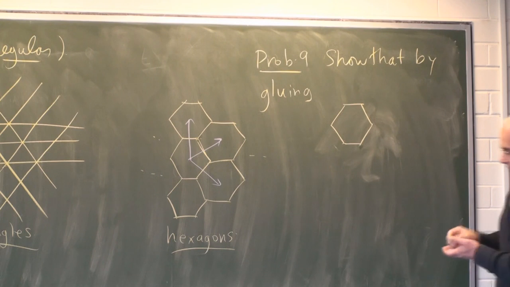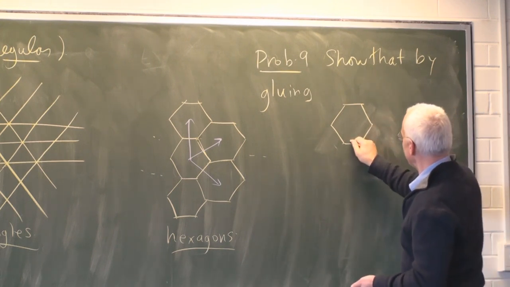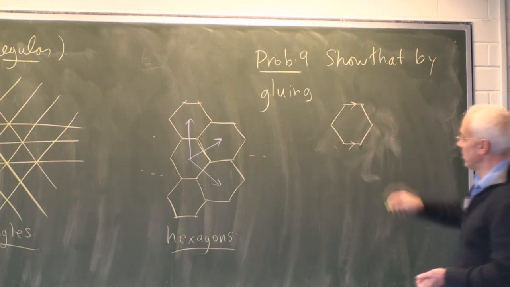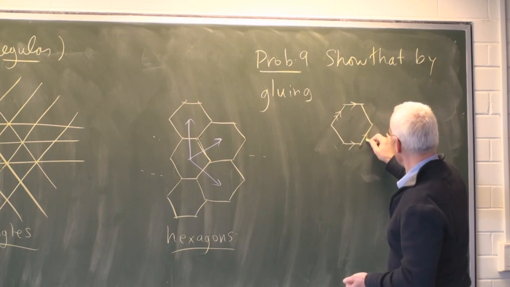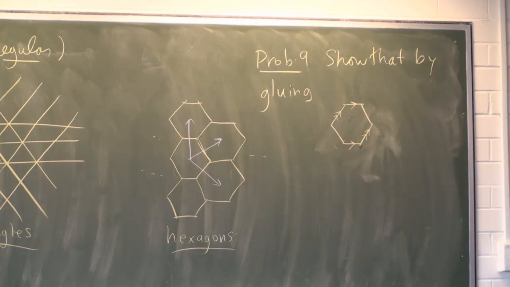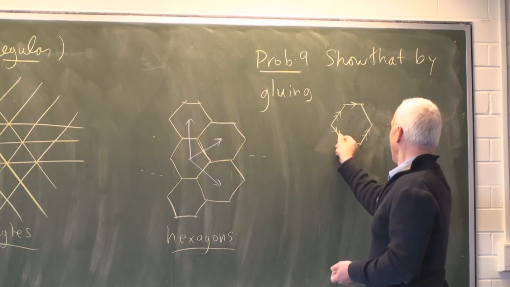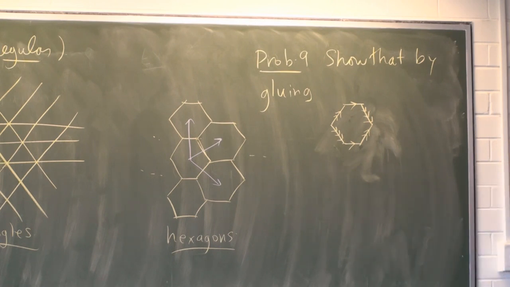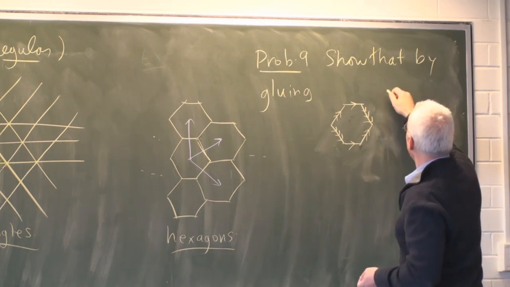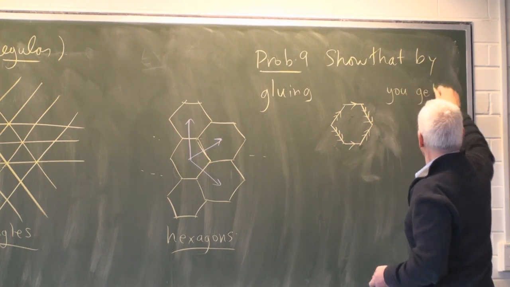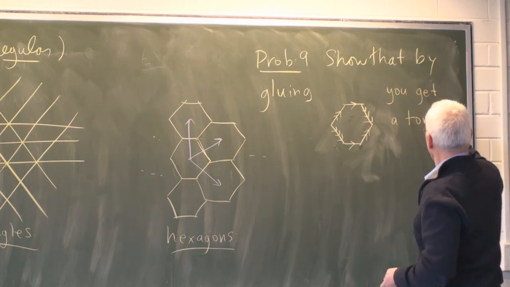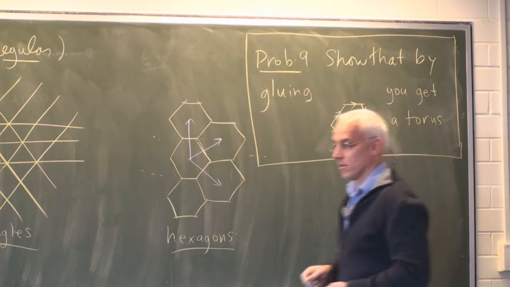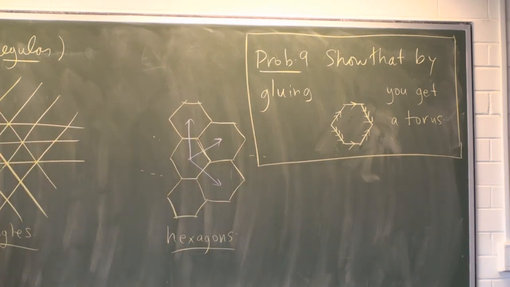Gluing this hexagon in the following way, we could glue that side to that side, and say that side to its opposite side, and this side to this side. Show that by gluing this, you get a torus. You can actually make a model if you like.